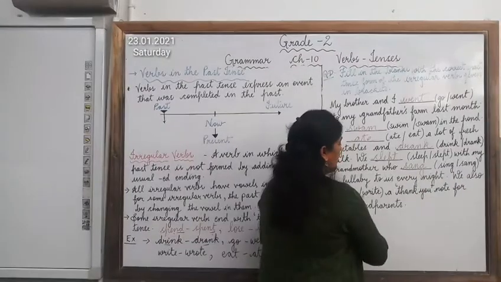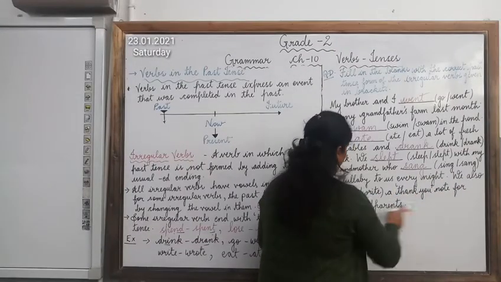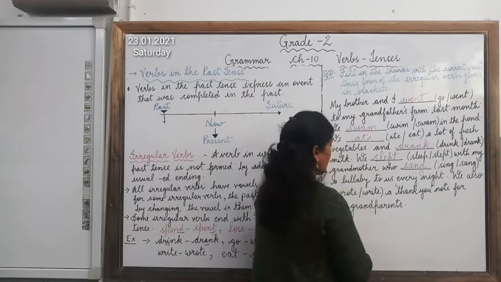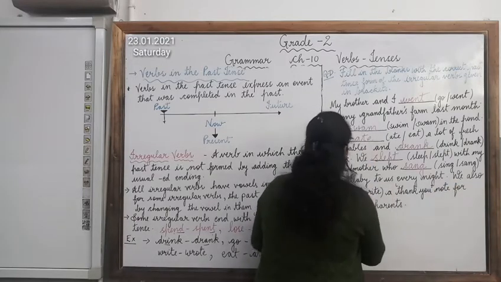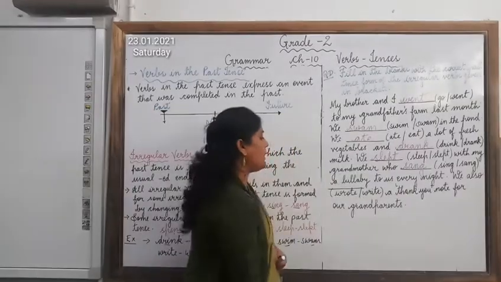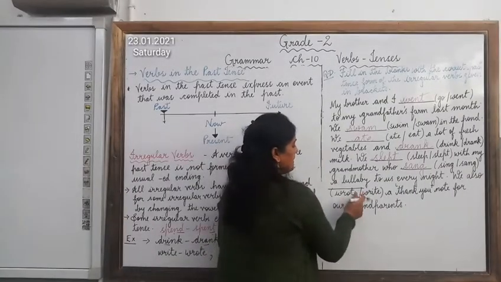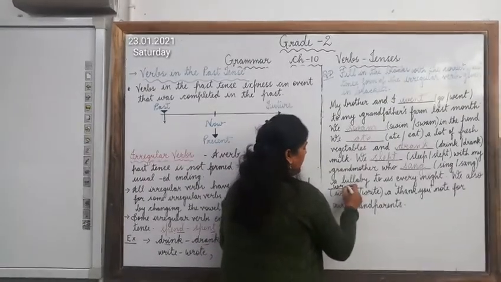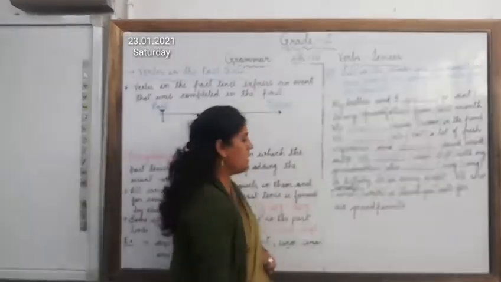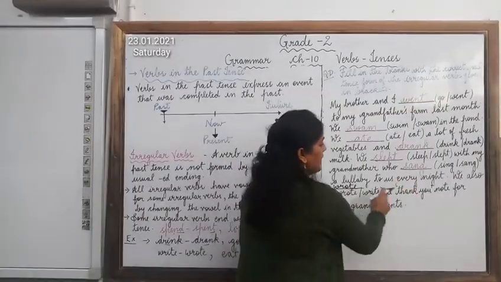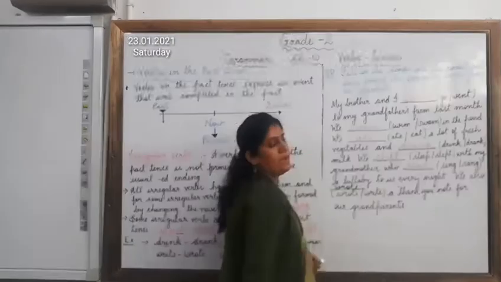We also blank a thank you note for our grandparents. Now children, here after this we also blank is given to you. Now here you will write wrote. The correct past tense of write will be wrote. We also wrote a thank you note for our grandparents.